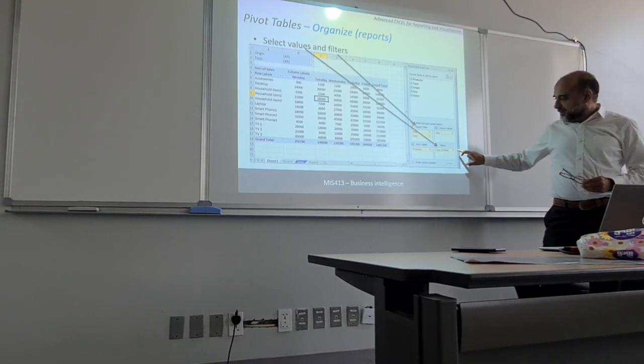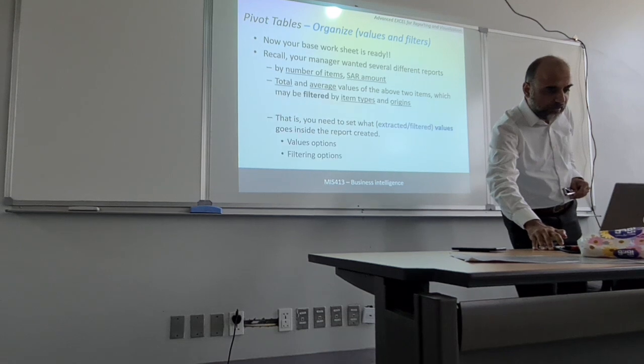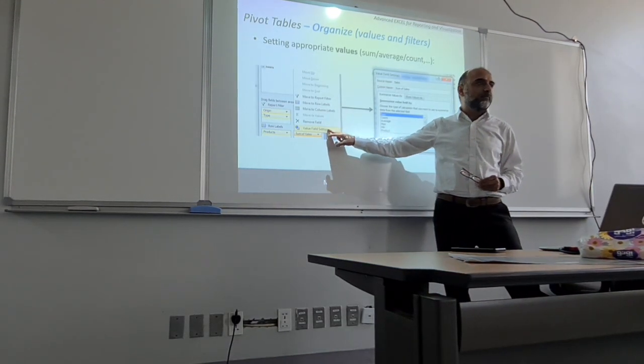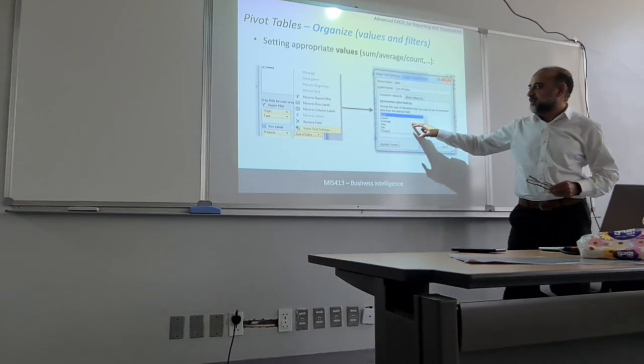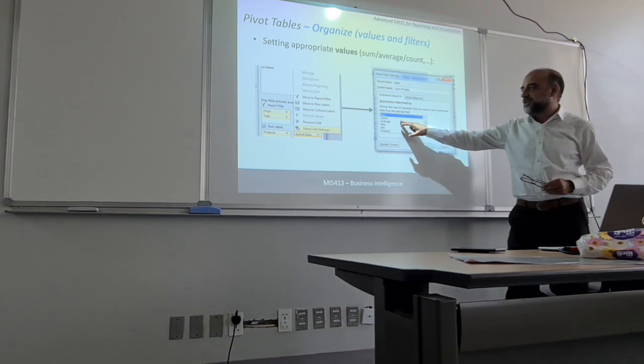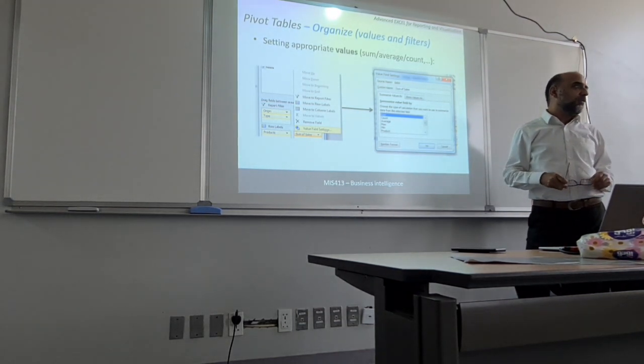We click on the arrow. This arrow, okay, this is the arrow. So you click on it, and then you click on value field settings, and then you pick the one that you need. You can just change from sum to average or minimum or maximum or something else.